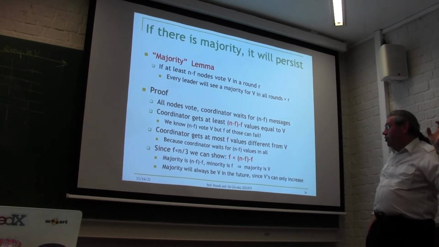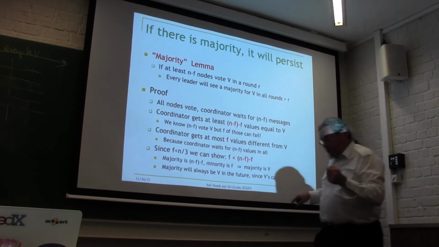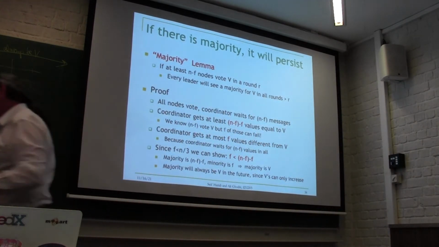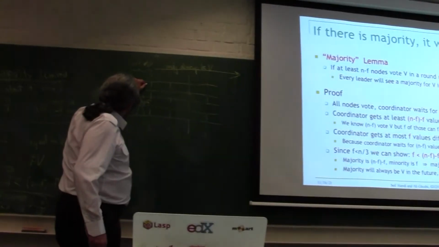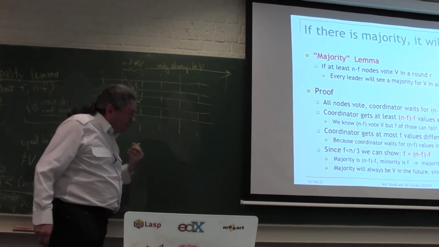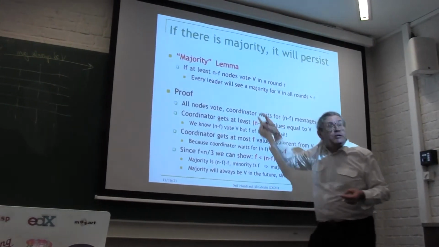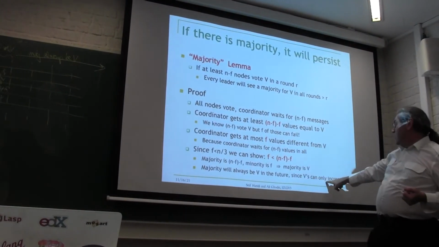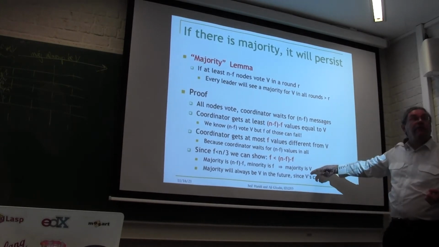And in the future, the coordinator will send v's. Some of those v's might arrive, and the coordinator will now send v's to all the others. So what that means is that in the future, the number of v's can only increase, since the coordinator is now sending more v's.